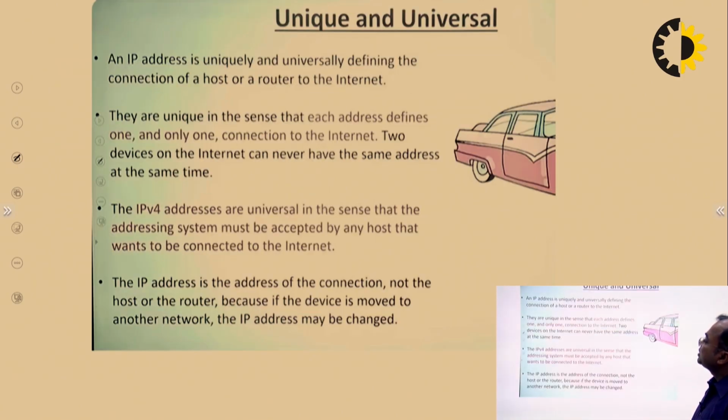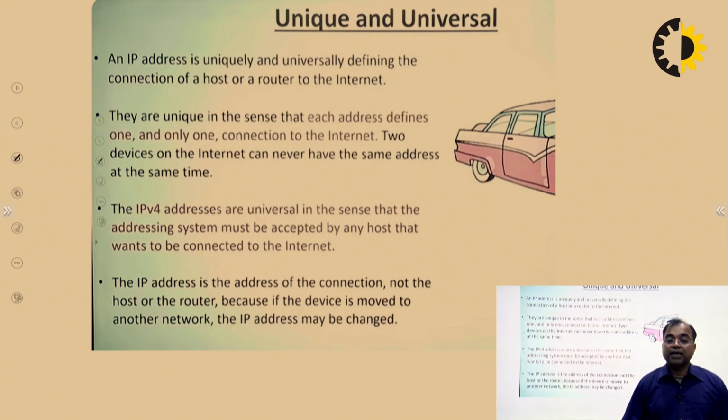What is IPv4? Basically, it is an IP address that is unique and universal, defining the connection of a host or router to the internet. They are unique in the sense that each address defines one and only one connection, meaning every device is uniquely connected throughout the world. Two devices on the internet can never have the same address at the same time.